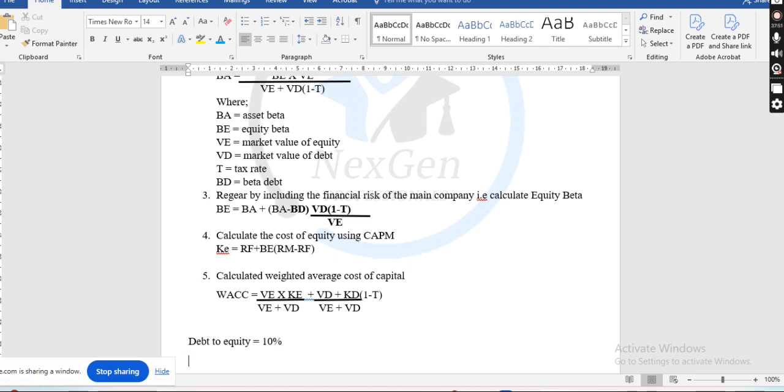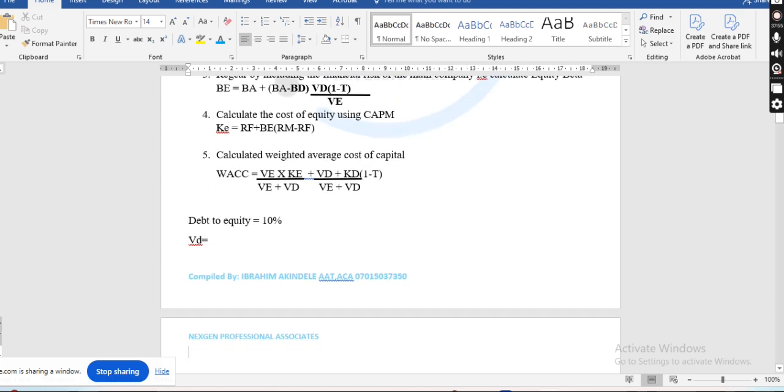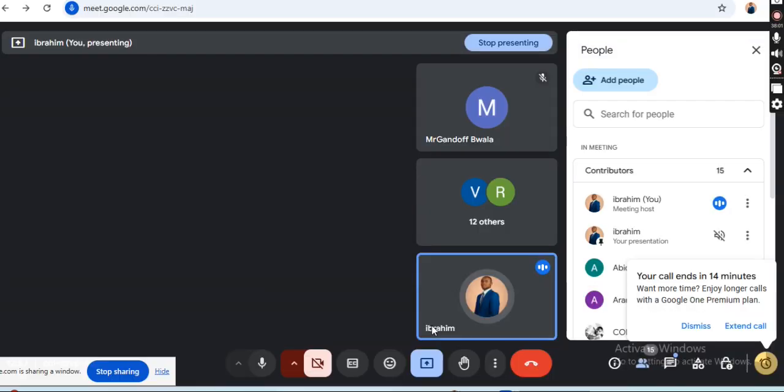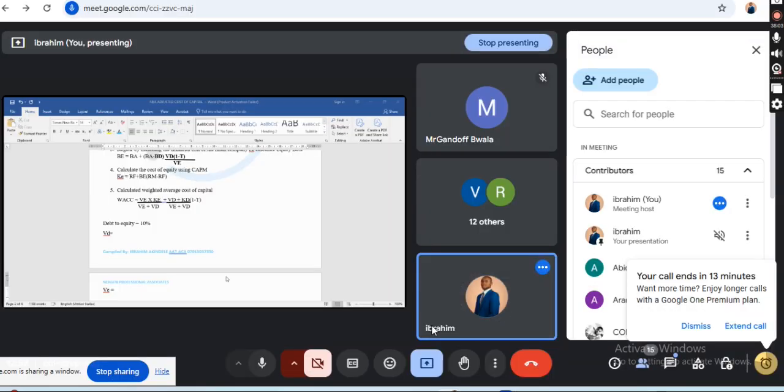Who can tell me what is the value of debt? And what is the value of equity? Who can try? If the debt to equity ratio, which is the level of gearing, is 10%, what will be the value of debt and what will be the value of equity?